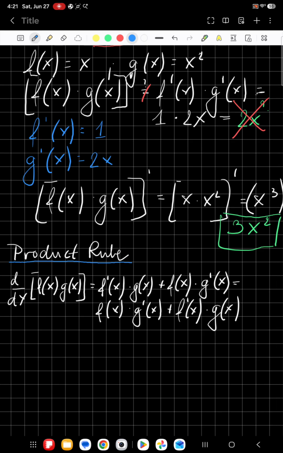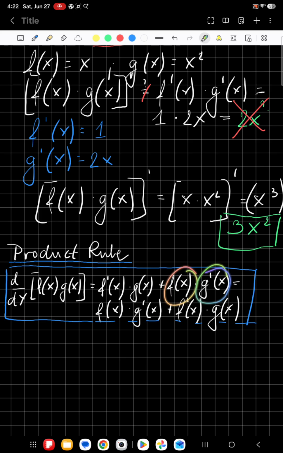I tend to use that first version: take a derivative of the first function, multiply it by the second one unchanged, then plus the first one unchanged times the derivative of the second. I tend to use that version, but it doesn't matter.